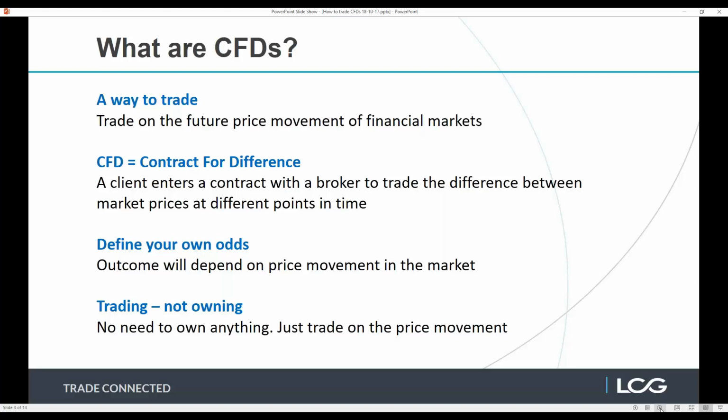Now, a nice thing about it is that you can define your own odds. This is not gambling, it's trading. When you're looking at some other kinds of products that you can trade on markets, binary options for example, the odds are a bit more defined, and so it's more of a win-lose outcome.